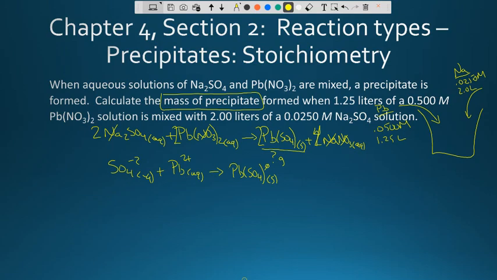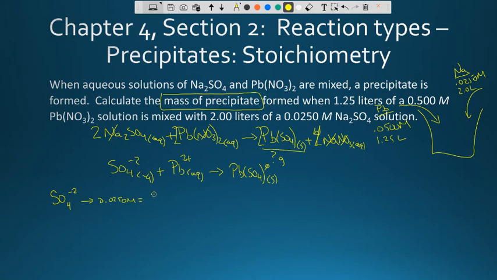Okay, so what we end up with in this particular case is 2 solutions. Let's figure out our strengths, and notice it's a 1 to 1 ratio with everything. So let's figure out these things and let's track it. Now I have concentrations of solution. So let's take a look at my sulfate solution. We saw that that was a 0.0250 molar solution.